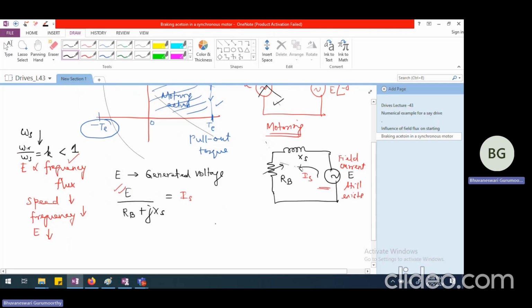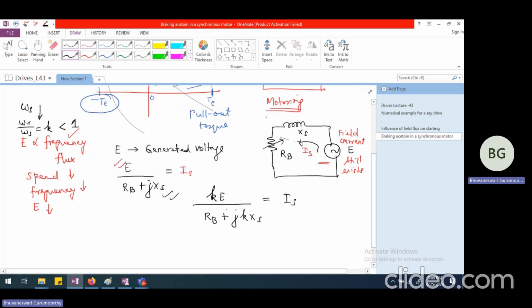So I can write this as kE as the new, continuously varying induced EMF divided by RB. And synchronous reactance is also dependent upon frequency. So I should be able to write this as kXS. That is what is IS. So I should be able to calculate this IS as E divided by RB plus kXS multiplied by j.